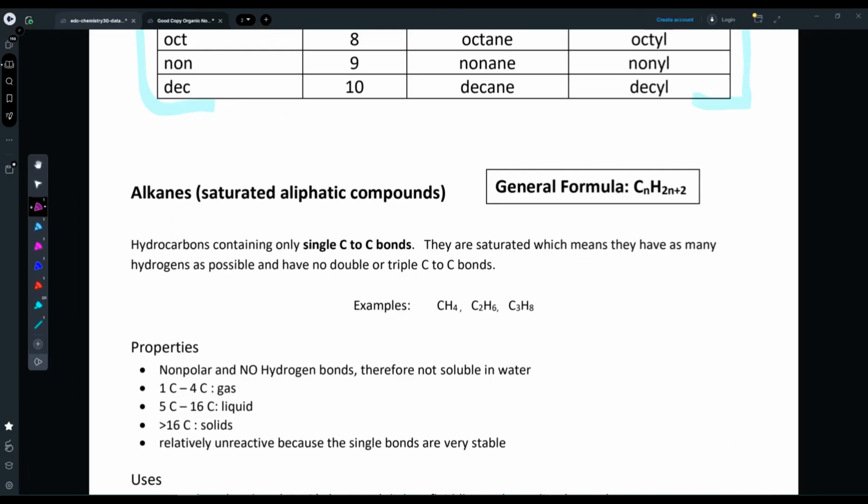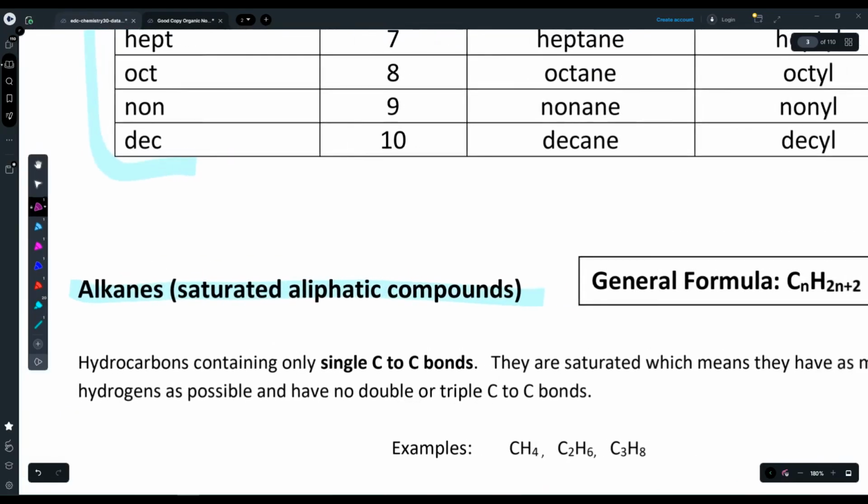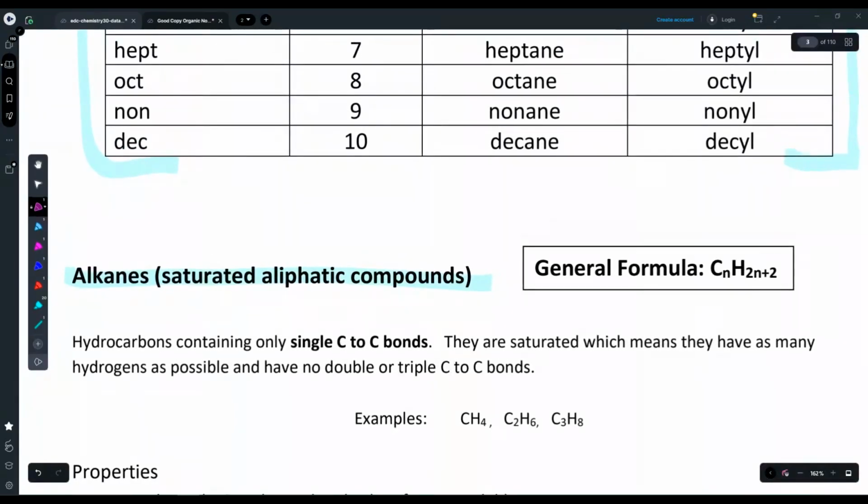All right, so now we're getting into alkanes. What exactly are they? Alkanes are saturated aliphatic compounds. Okay, so what on earth does that mean? Saturated just means that the compound has as many hydrogens as possible, and you can only get that if your hydrocarbon has only single carbon-to-carbon bonds.